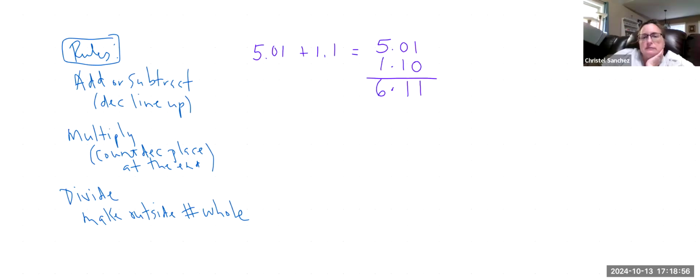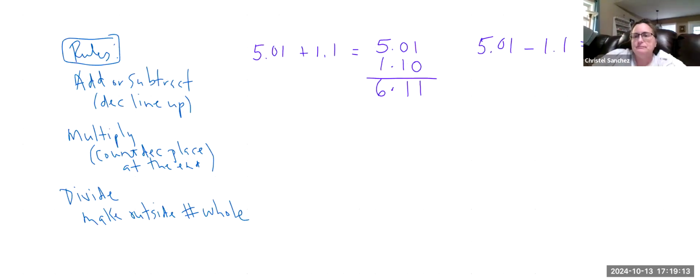All right, so now let's do the same one, but let's do minus. Let's say we had 5.01 minus 1.1. Okay, so again, let me set up that problem. 5.01. And remember, for our rules, our decimal points have to line up. So we're going to have 1.1.